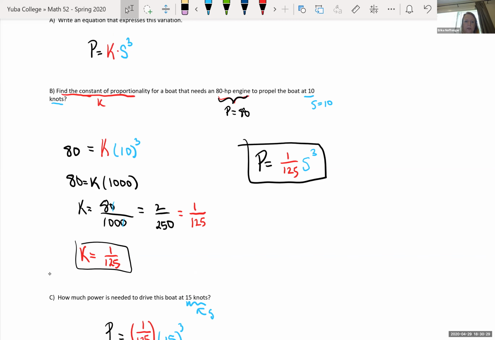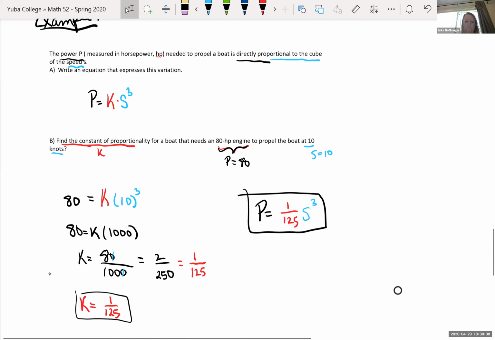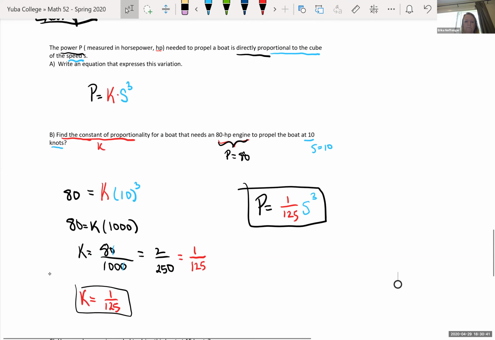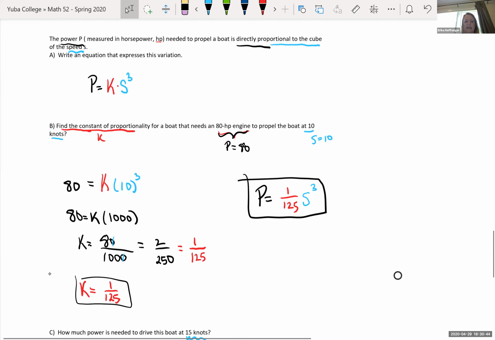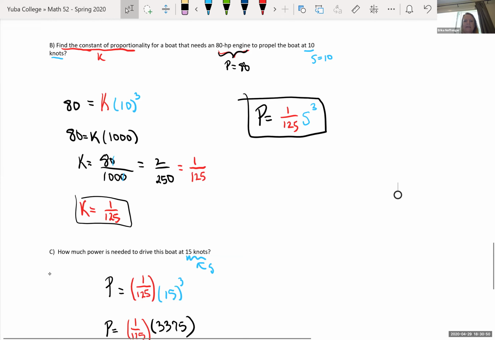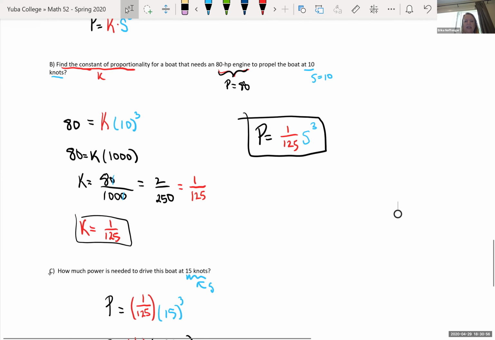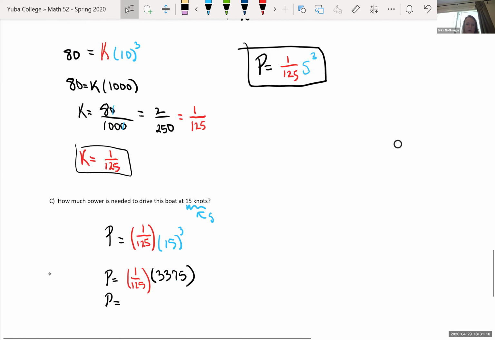That doesn't make sense either, does it? How much power is needed to drive this boat at 15 knots? When it was driven at 10 knots, our horsepower was 80. If we're going 15 knots, that means I am going faster, and my guess is I'm going to need more horsepower, right? And it's telling me my horsepower, if I just did this right, is 27.